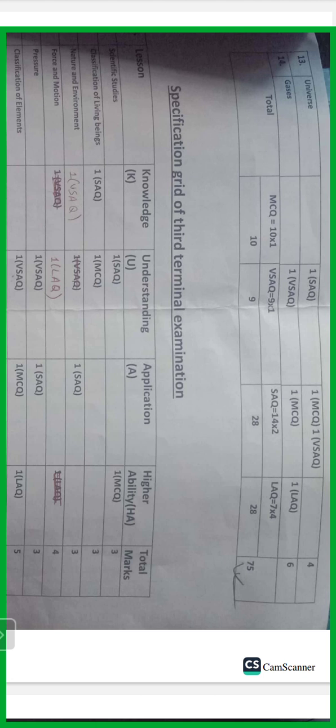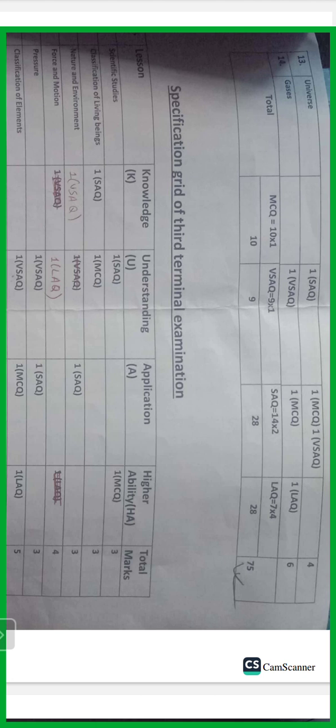As a whole, total 10 MCQ, each has 1 mark, 9 BSAQ, each has 1 mark, and 14 SAQ, each has 2 marks, and 7 LAQ have 4 marks, that of the first terminal examination, and total marks is 75.